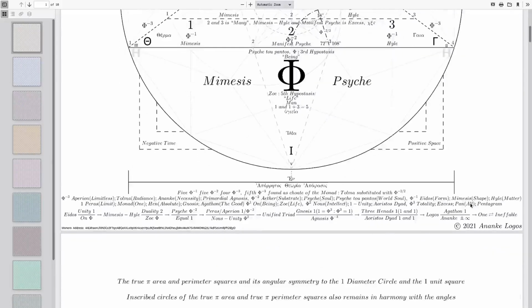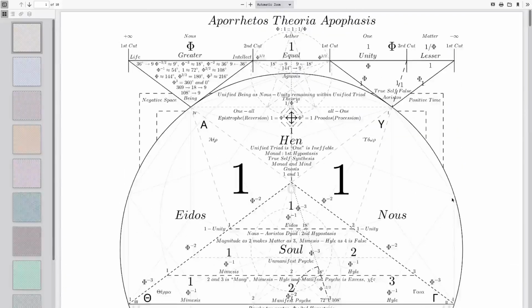which could be conveyed as logos agathon over ananke. This positive and negative infinity is in relation to this. So this is actually a circle, but as a line, it's being described as the first cut over here, which is also this and this.